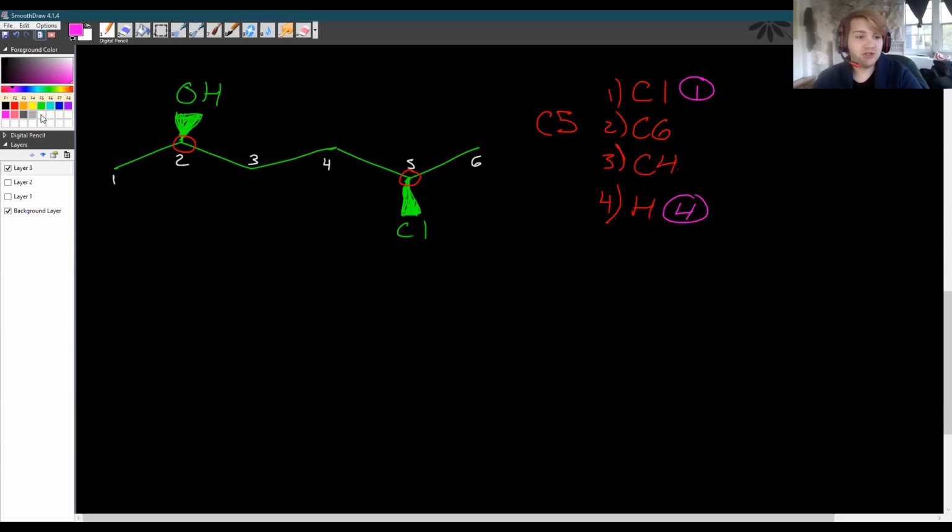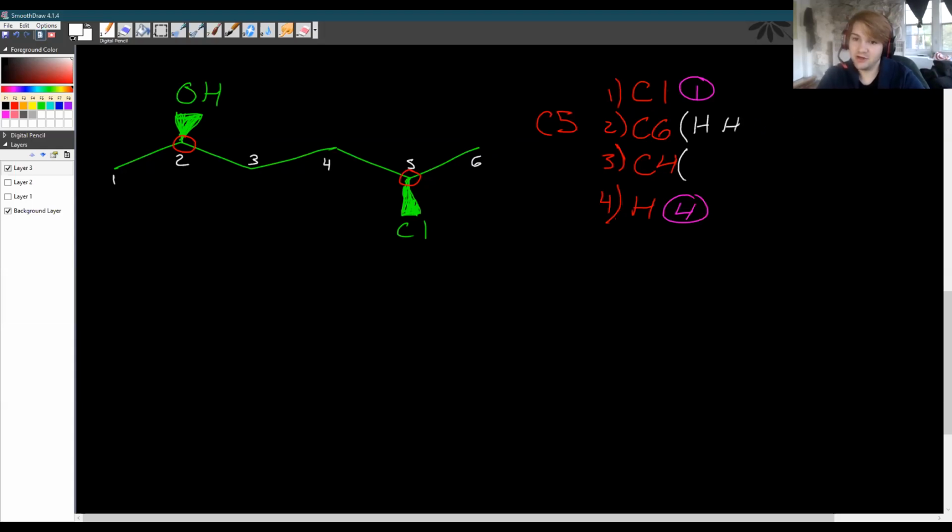So what I want you to do is write a shopping list for them. And what we're going to do is essentially write what are the three other bonds that are on carbon 6 and carbon 4, so we can just compare those directly. And we're going to write them in descending atomic order. So what do I mean by that? Well, carbon 6 is bonded to all hydrogens, right? So he's just going to be hydrogen, hydrogen, hydrogen.